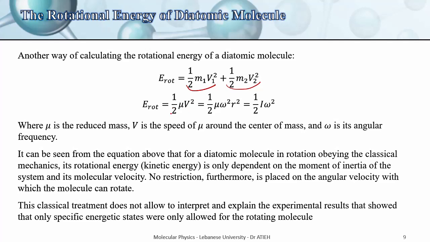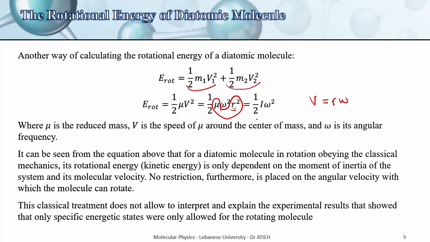So its energy will be half mu v squared. Because it's away from the axis of rotation at distance r, v is equal to r omega. So replacing this, this will give us I, and we will arrive at half I omega squared, similar to before.